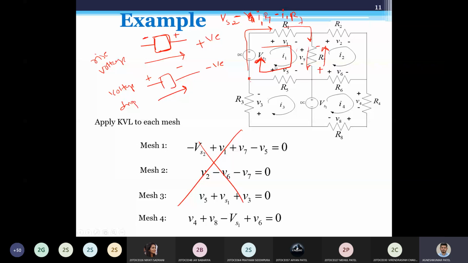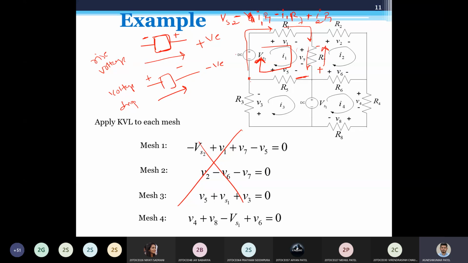I am writing the KVL. I am going in this direction. So now for this voltage drop occurring due to I2, if you see the polarity is minus to plus, and minus to plus is a rise in the voltage. So I will write minus I1 R7 plus I2 R7. Okay. Then I'll move ahead in this direction.